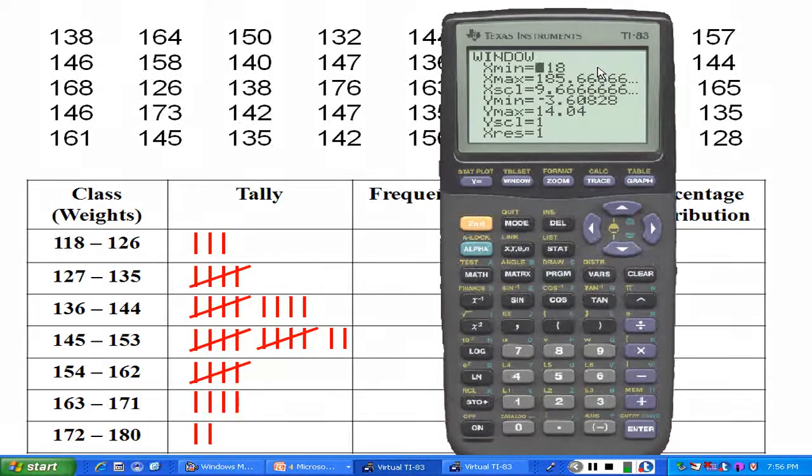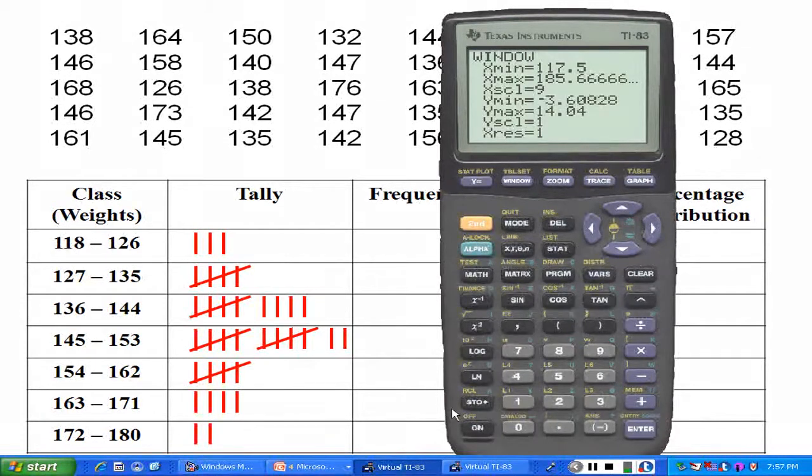Well, 118 minus 0.5 will give you what? 117.5. So you want to do 117.5. Okay, and then on your X scale, that's going to be your class width, which was what? 9. Right? And then on your X max, well, what was your highest number?